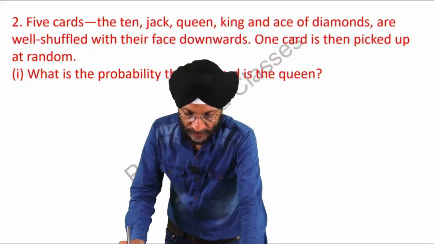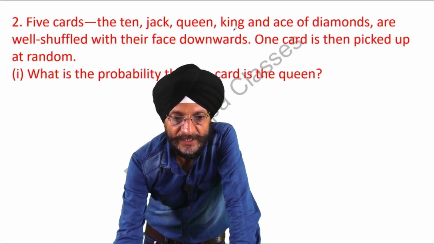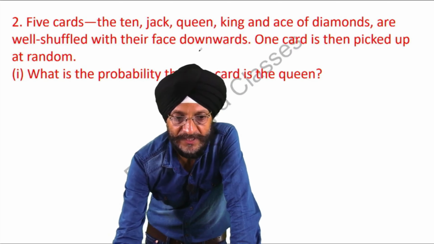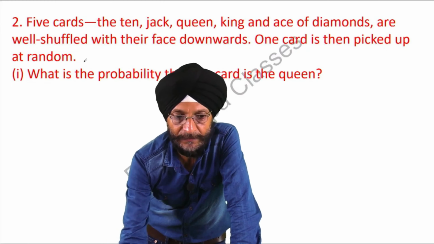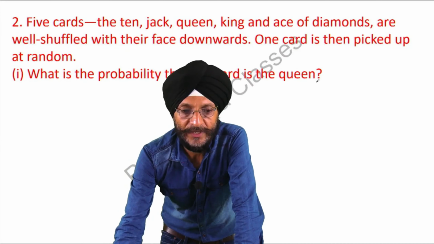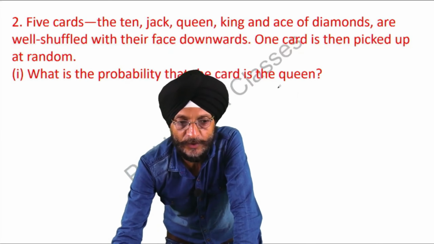Now the question before us is: 5 cards, the 10, jack, queen, king and ace of diamonds are well shuffled with their face downwards. One card is then picked up at random. What is the probability that the card is a queen? First of all, we understand the question.